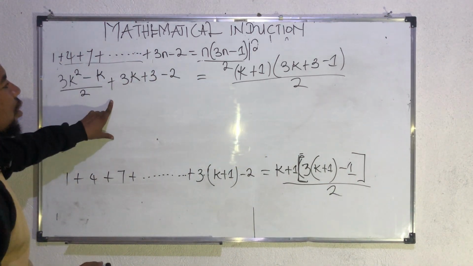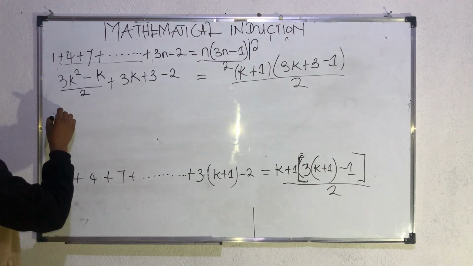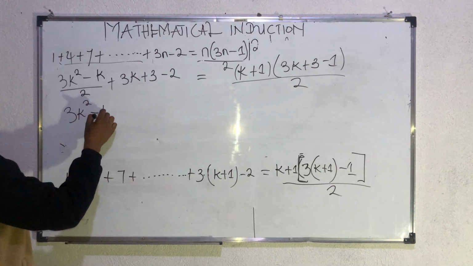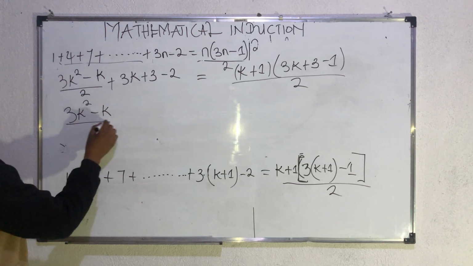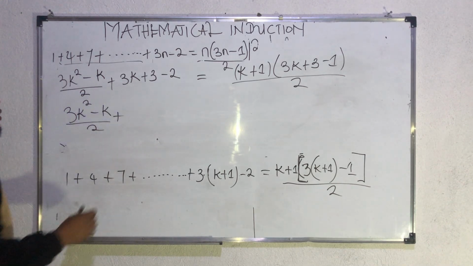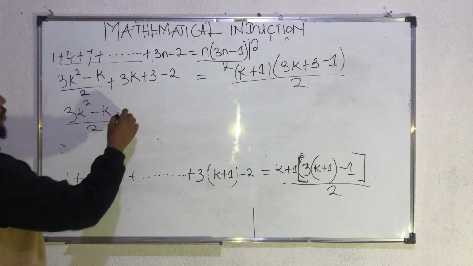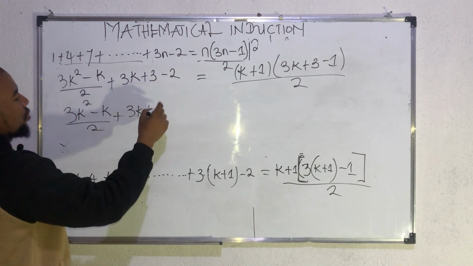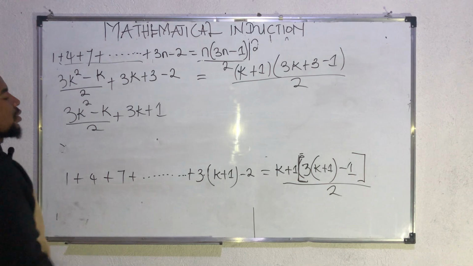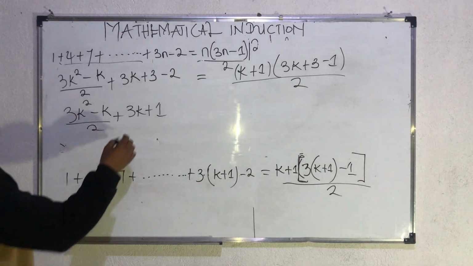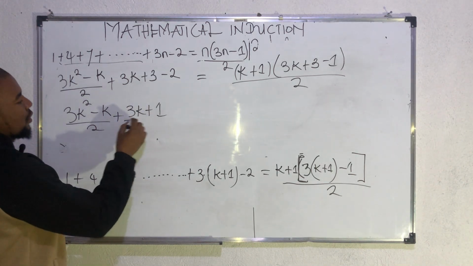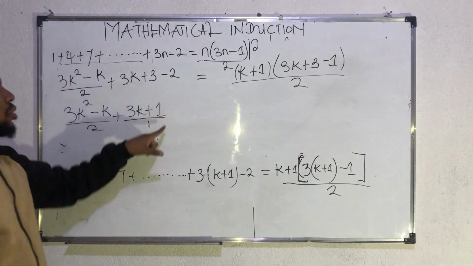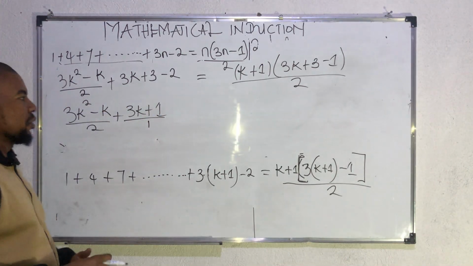All right, let's work on this part. We have 3k squared minus k all over 2 plus. So here we have 3k plus 3 minus 2 gives us a 1. And this is over 1, right? Because 3k plus 1 divided by 1 is still 3k plus 1.